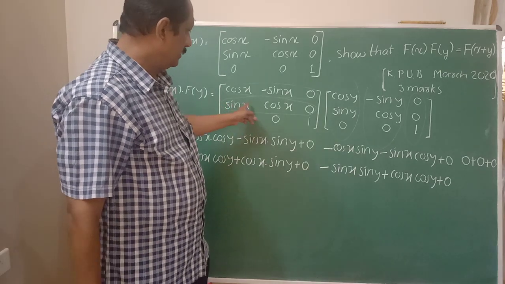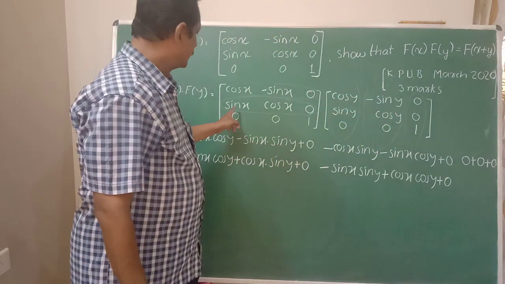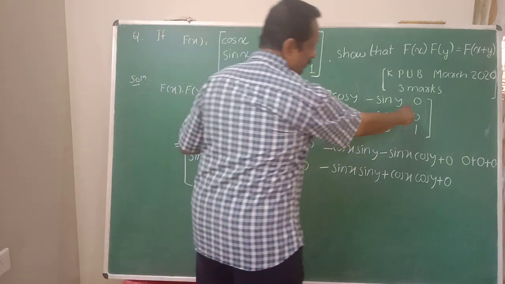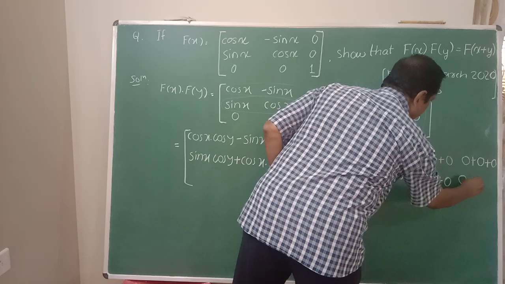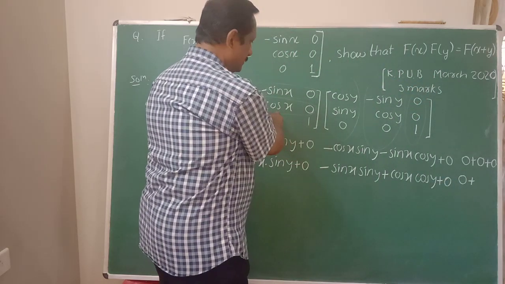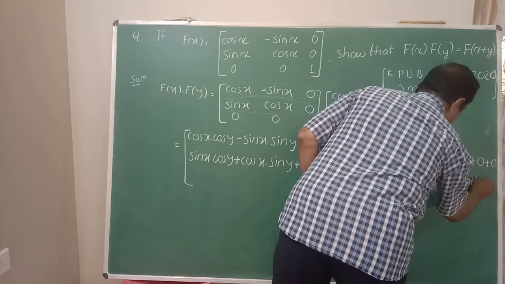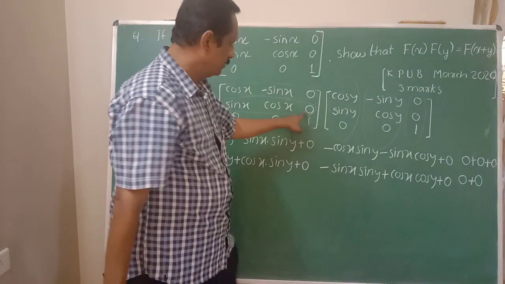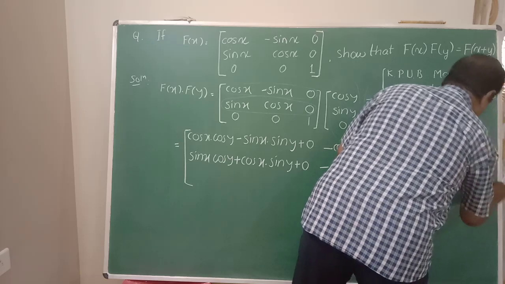Now take the second row with the third column. Sin x into 0 is 0, so write here 0. Middle plus sign here. Cos x into 0 becomes 0. Then 0 into 1 becomes 0, so right here plus 0.